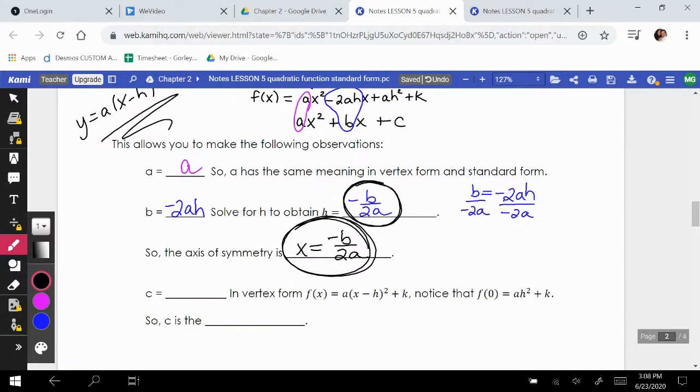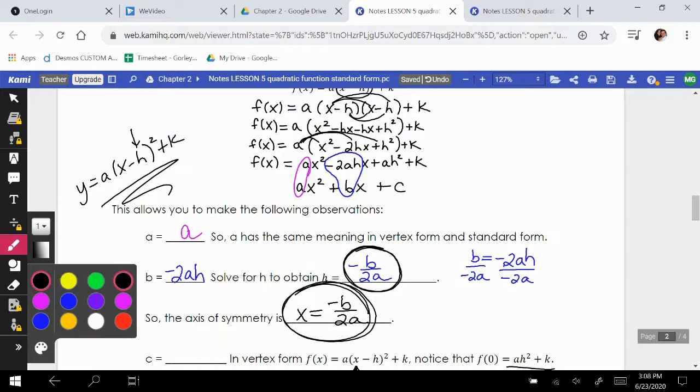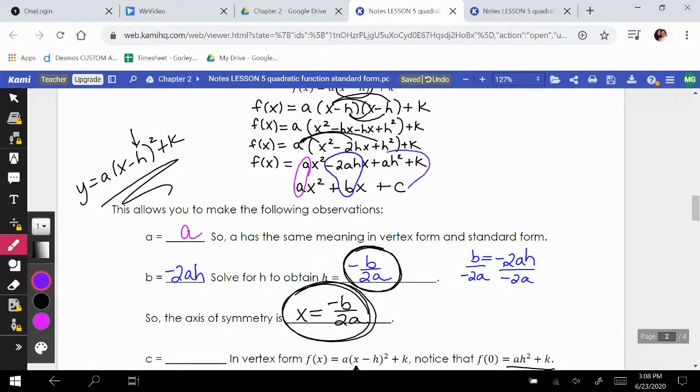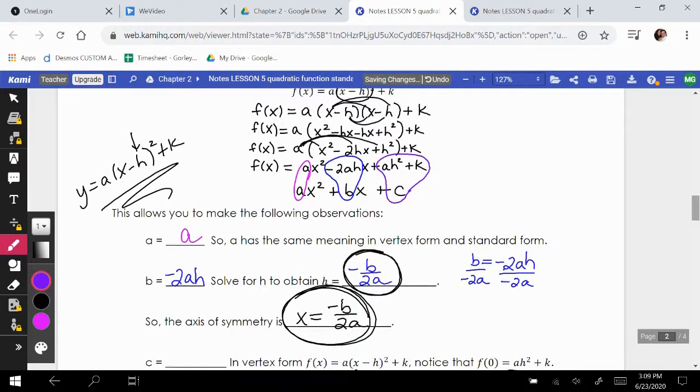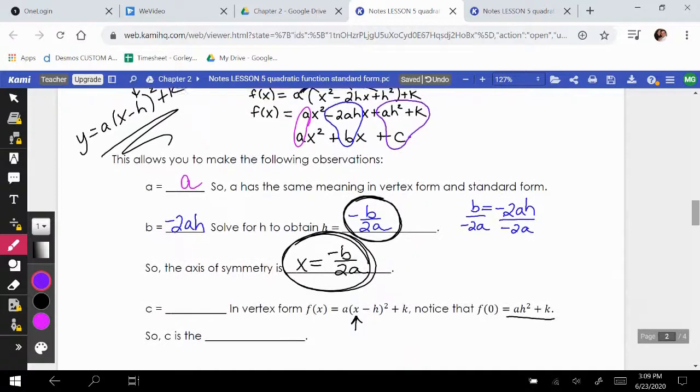And what is c equal to? Remember, in vertex form, we had a(x minus h) squared plus k. And notice that if I plug in 0 for x, do you see how I'd end up with ah squared plus k? That's what I had right here. Do you see how c from standard form is the same as ah squared plus k from vertex form?